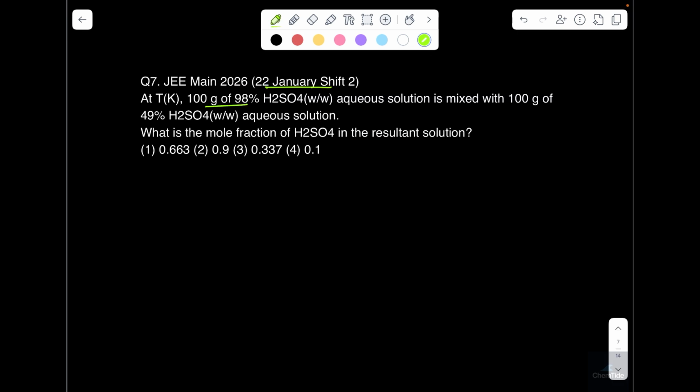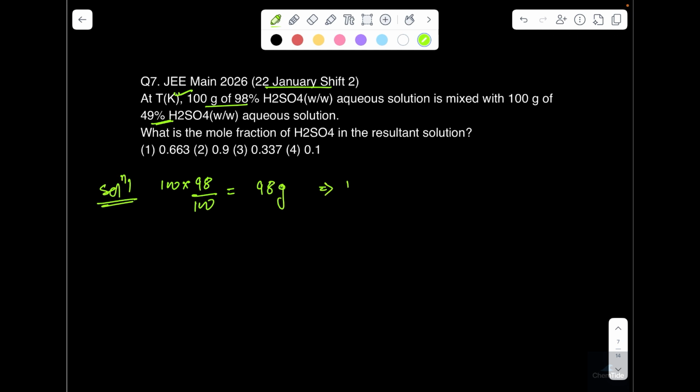The next question is from 22nd January shift 2. 100 gram of 98% H2SO4 aqueous solution is mixed with 100 gram of 49% H2SO4 aqueous solution. What is the mole fraction of H2SO4 in the resulting mixture? In the solution they have given 100 gram of 98%. So 100 into 98 by 100 gives us 98 gram of H2SO4 in solution 1.